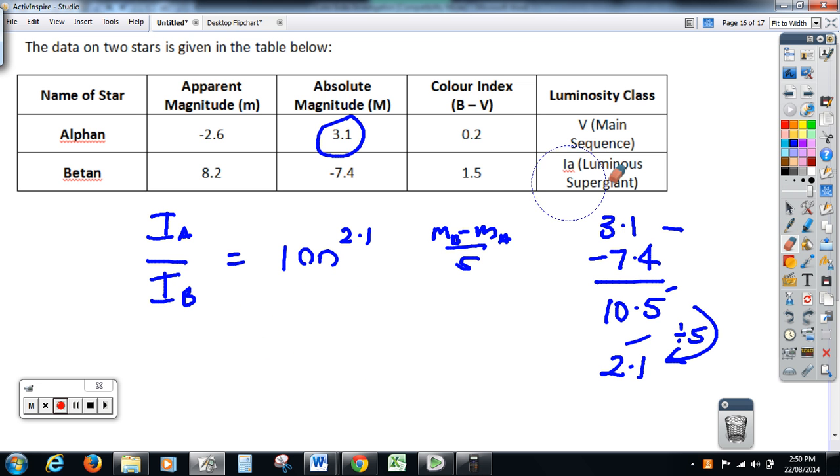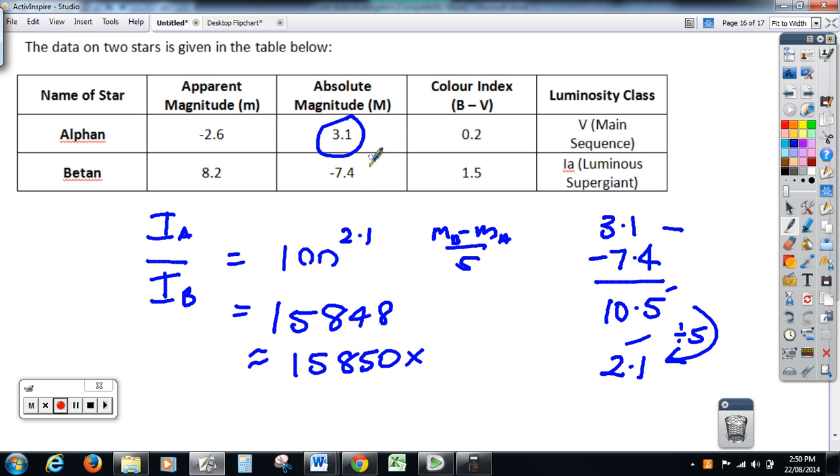Okay, so it's 100 to the 2.1, so 100 to the 2.1 equals, and the answer is 15,848, which we'll just round to 15,850 times. Now, which is the brightest star?